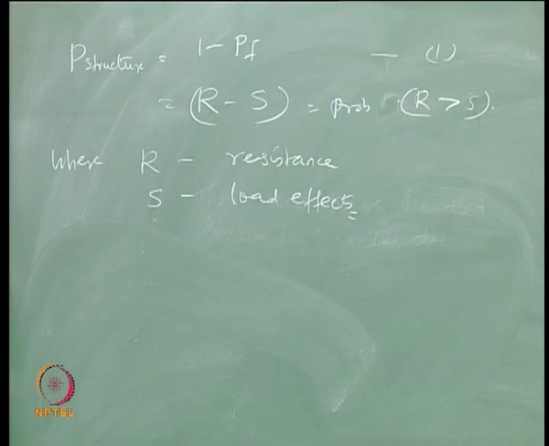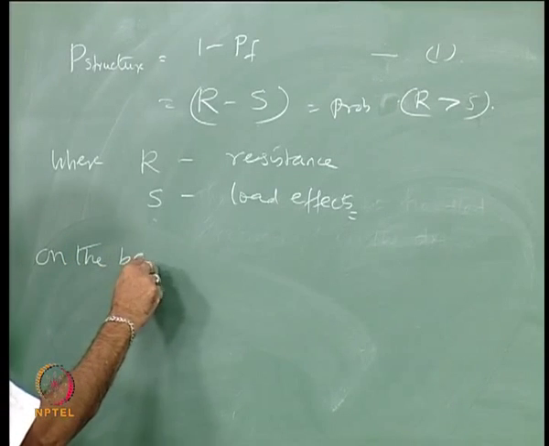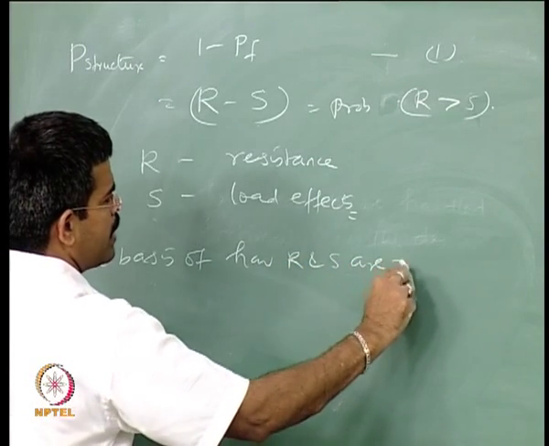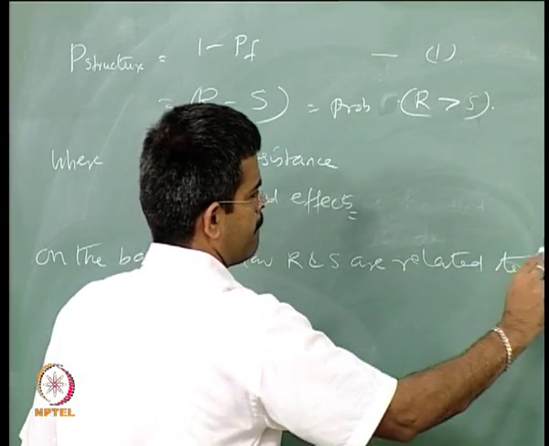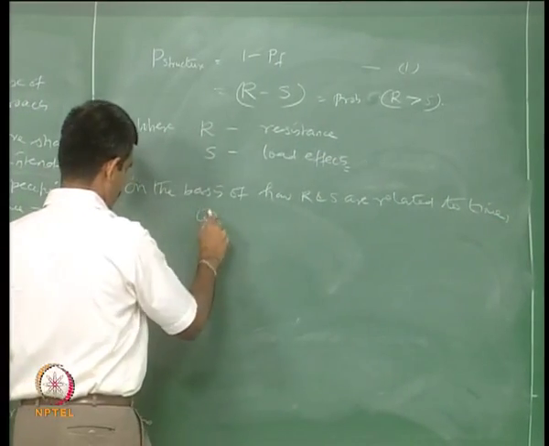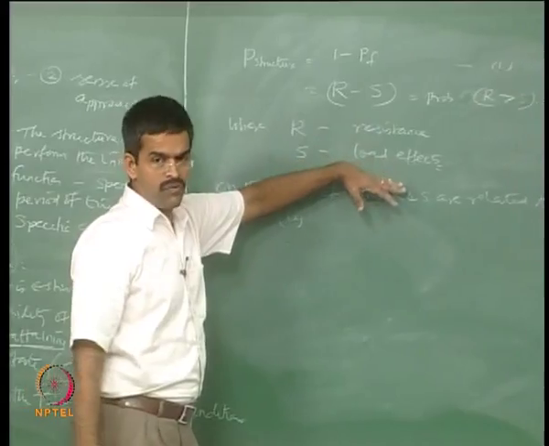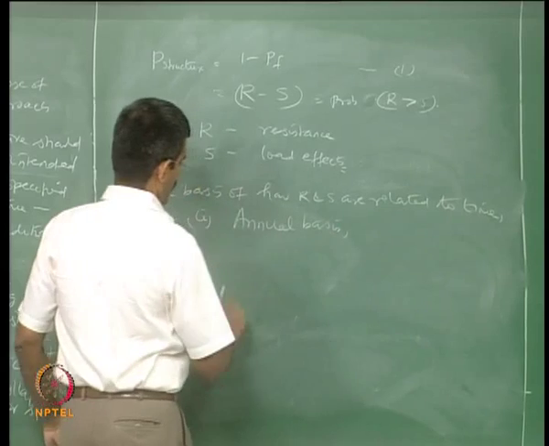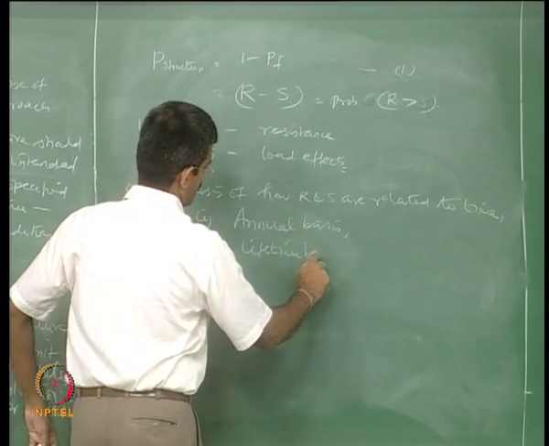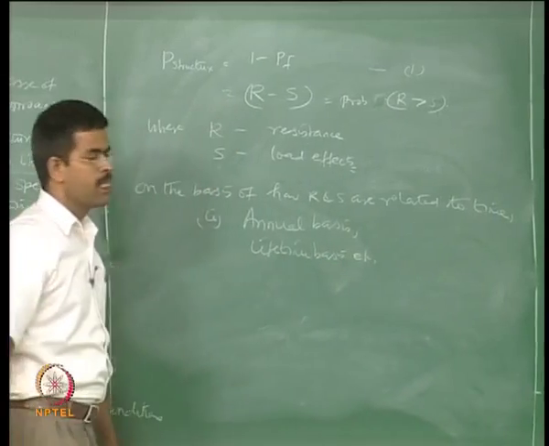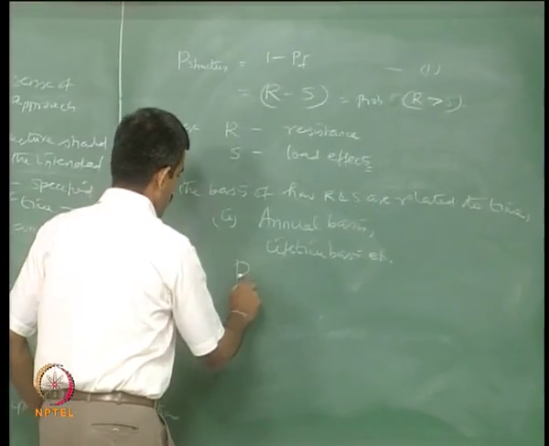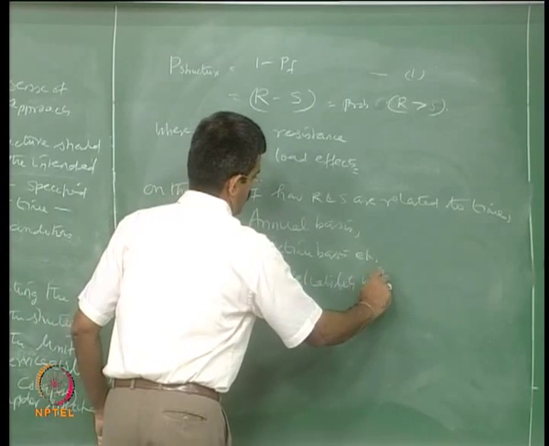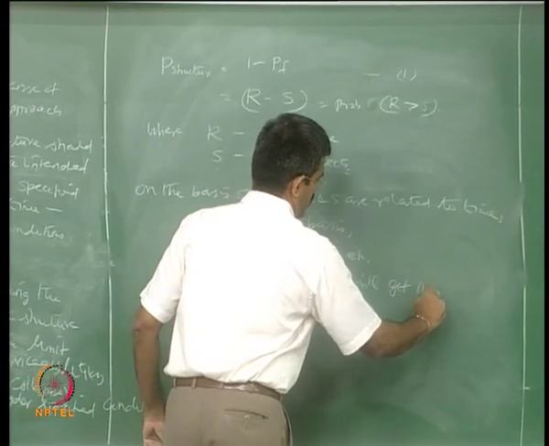Now, interestingly, on the basis of how R and S are related to time, that is, are you looking at the resistance and load effects on an annual basis or on a lifetime basis, etc., the probability of failure or reliability will get the time scale.